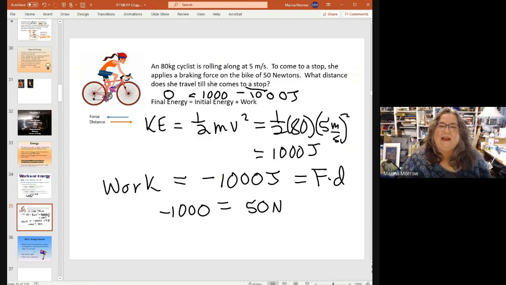And the 50 newtons actually is in the negative direction, right? Because she's applying a negative force. And then that's going to be times the distance.